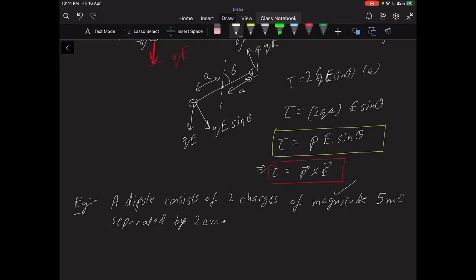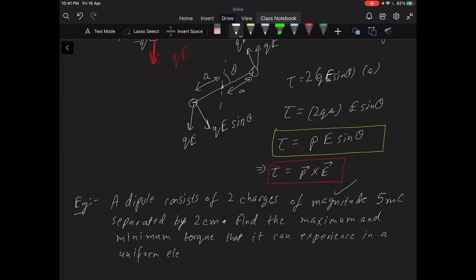Now, find the maximum and minimum torque that it could experience in a uniform electric field of 100 Newton per Coulomb. So fresh out of the oven, ma'am, just for you. Okay, so just solve this question now.